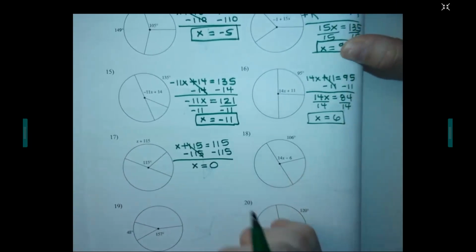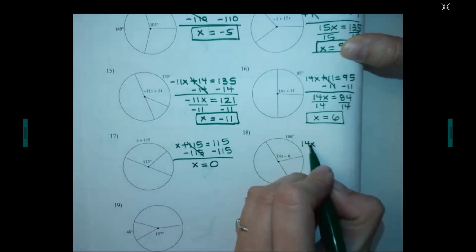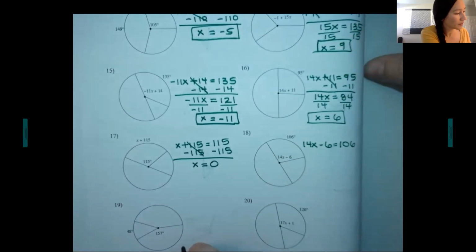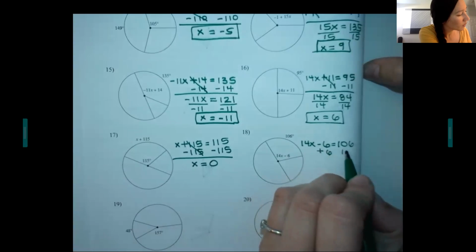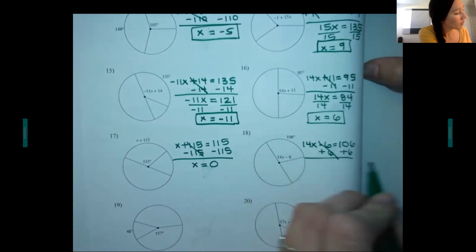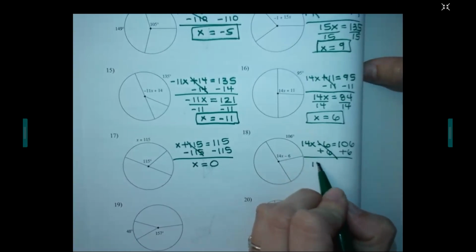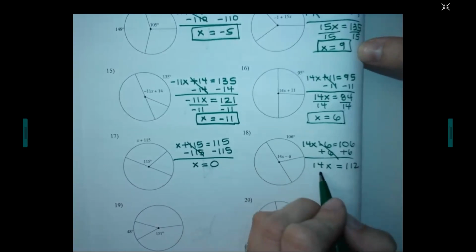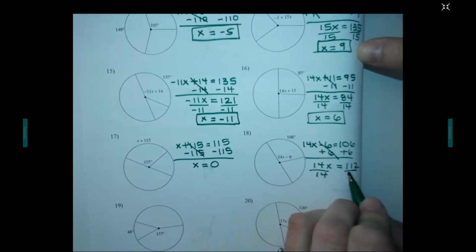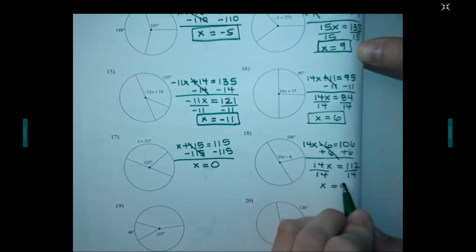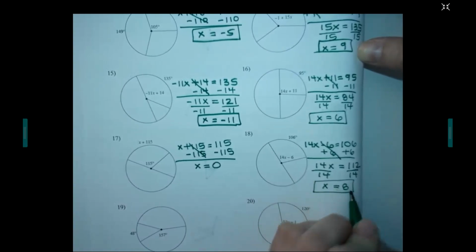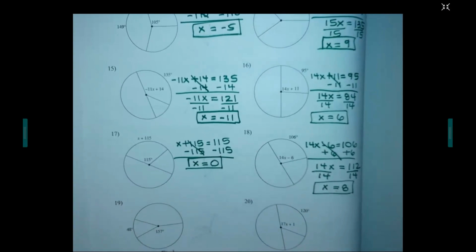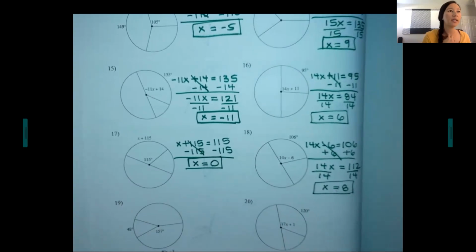I did 14x minus 6 equals 106. Very good. And then I added 6 to both sides and I got 14x equals 112. And then I divided 14 on both sides, and x equals 8. Very good. Thank you, Jasmine. Anyone have any questions on 17 and 18?